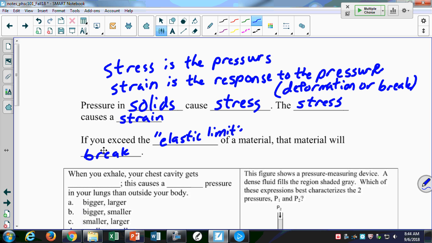Stress causes the strain. So is the elastic limit the strain? The elastic limit is the maximum amount of strain that the object can manage without actually breaking.